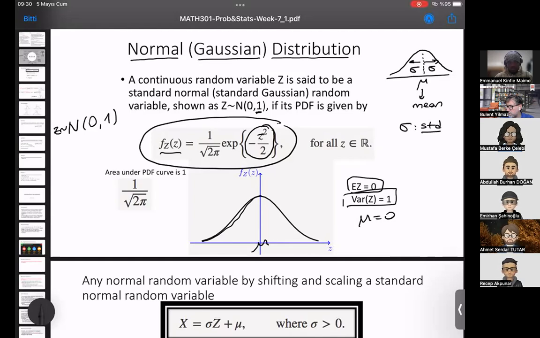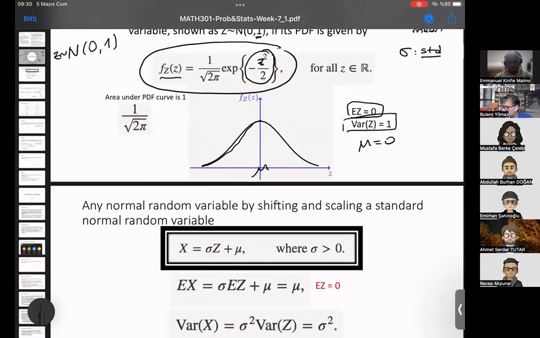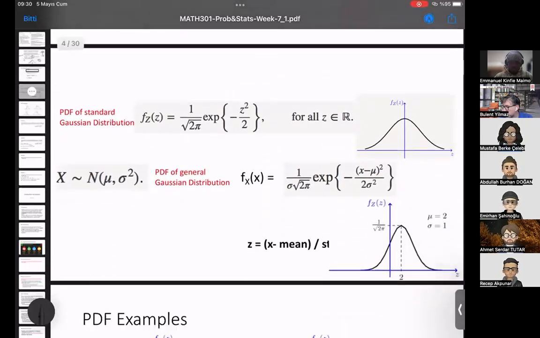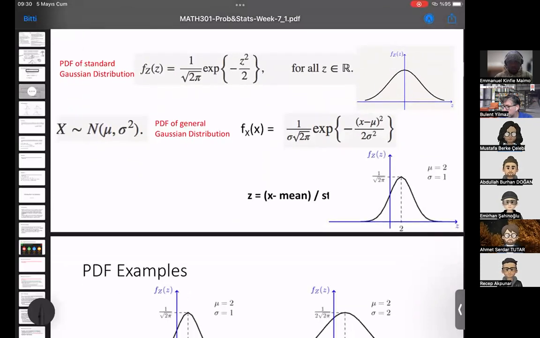For example, if you see z squared, then it means, and there is nothing here. Please take a look at this one. If you see such a PDF, then you're going to see the mean and variance in the PDF.